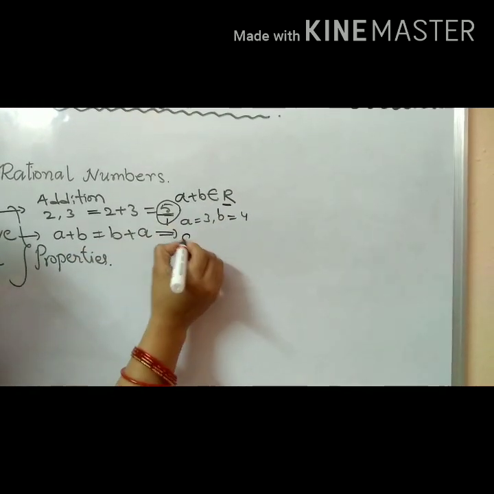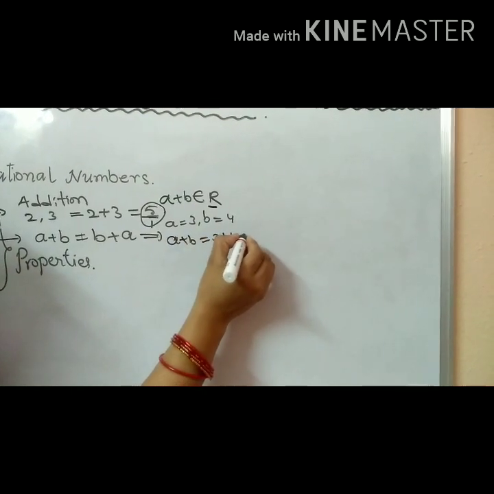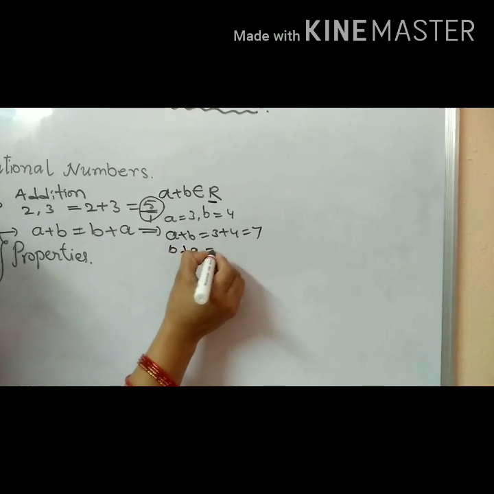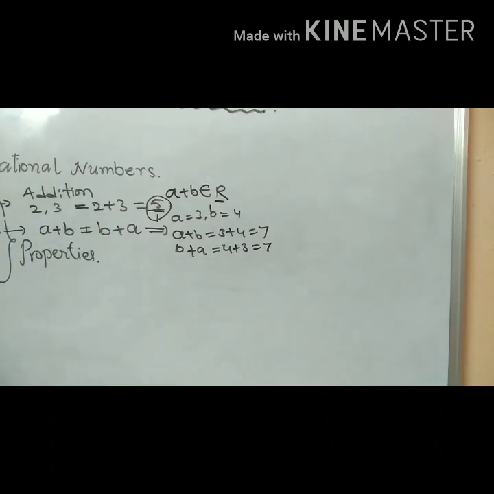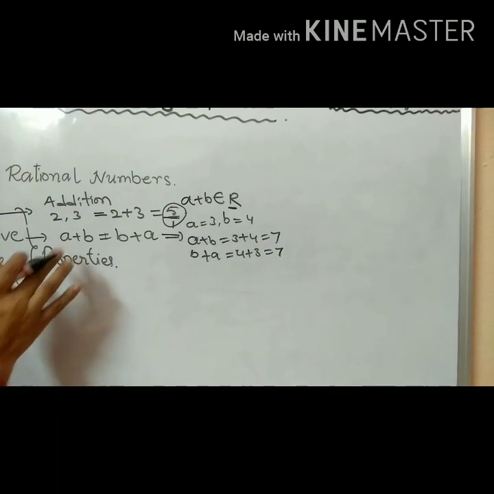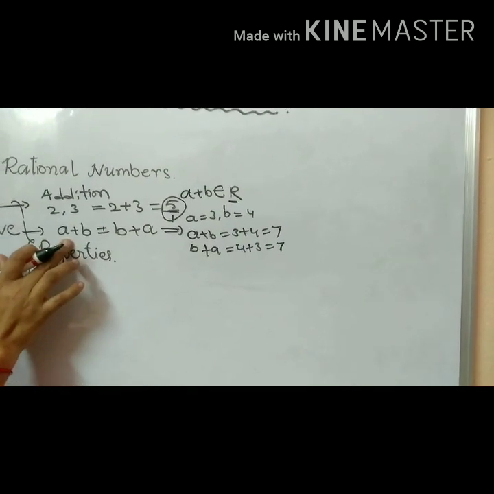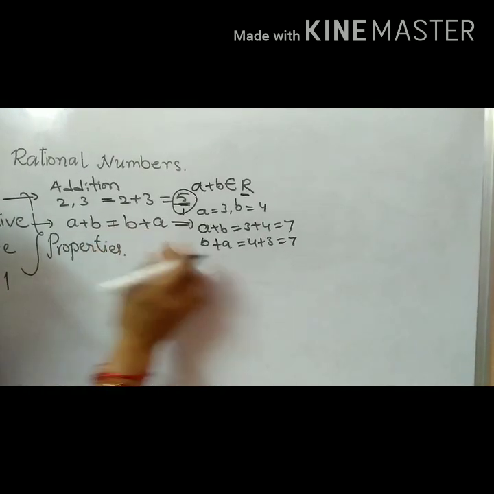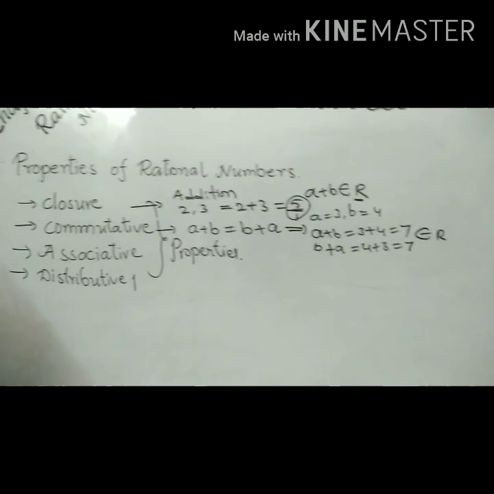A plus B is 3 plus 4 equal to 7. B plus A is 4 plus 3 equal to 7. Both sides are equal, so it is a commutative property. Did you understand? The formula of the commutative property is A plus B is equal to B plus A, which belongs to R, rational numbers.